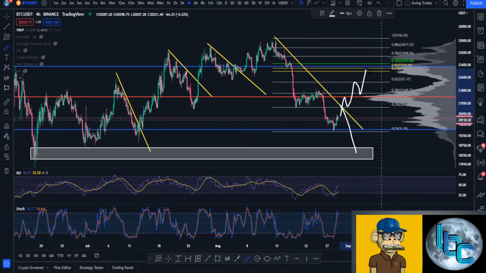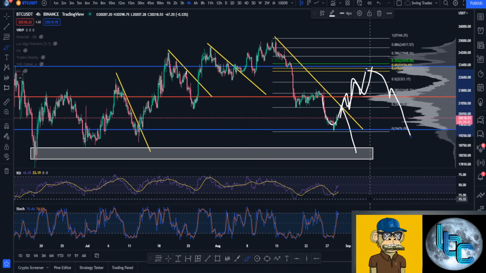And then the structure I think would look more like this than that other structure. But I just found it interesting that it had the same kind of V shape coming up out of here. That could give us what we need to make that move up before ultimately coming back down. Maybe. Well, we'll have to wait and see how the stochastics look.